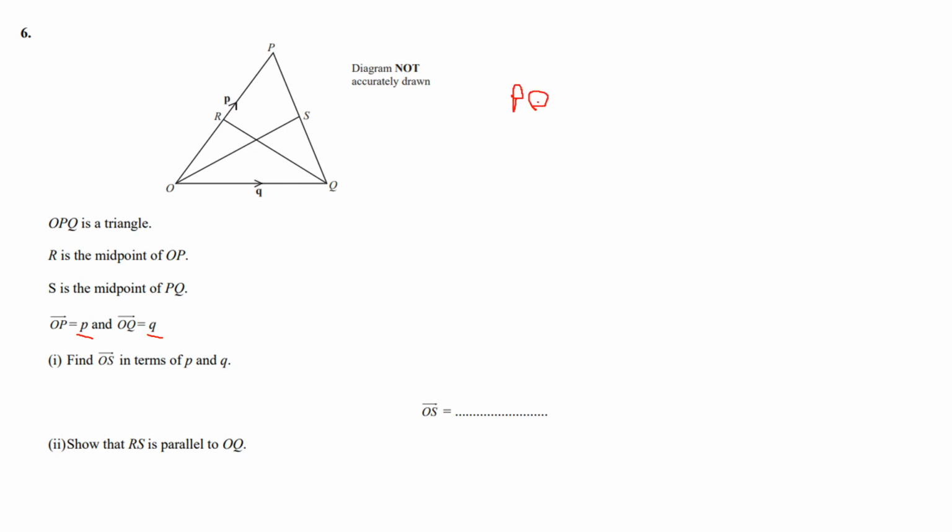PQ is going to be equal to P to O plus O to Q, right? So therefore P to O is just going to be equal to minus p.